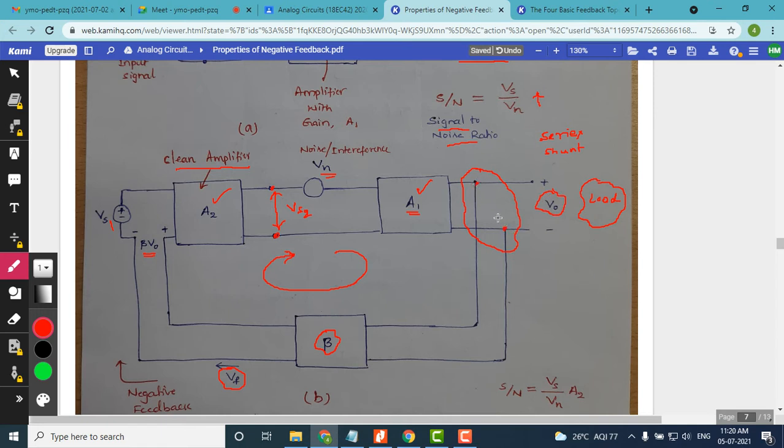The output voltage is sampled and provided as an input to the feedback network. This sampled voltage is V naught, and it gets multiplied with the feedback network gain beta, and finally we have Vf equal to beta times V naught. This feedback voltage Vf gets added to Vs, and that is given as input to the clean amplifier. I hope this block diagram is clear to all of you.